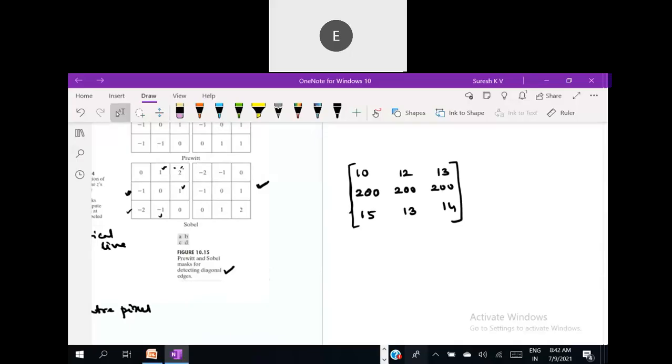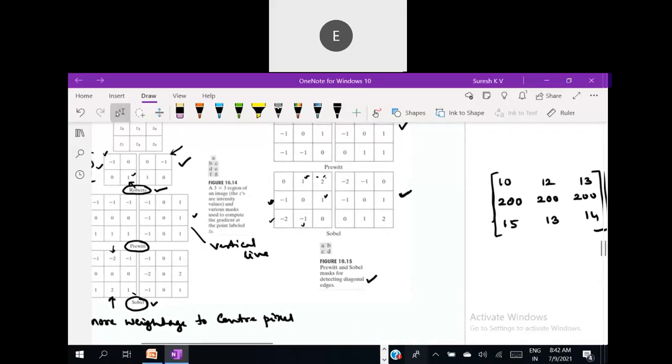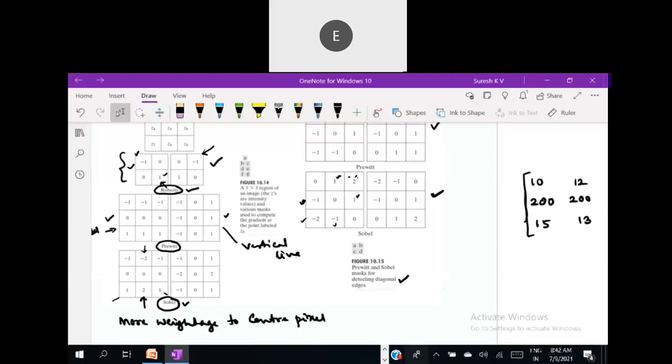It can be a bigger size image, but just to start with. Now, if I have to detect this type of edge, which filter should I use here? Can you tell me? Which of them will help me to do this? Which one should I use?